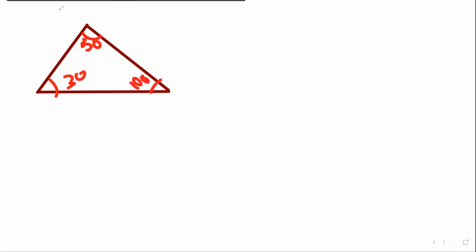We know that the summation of the angles is 180.